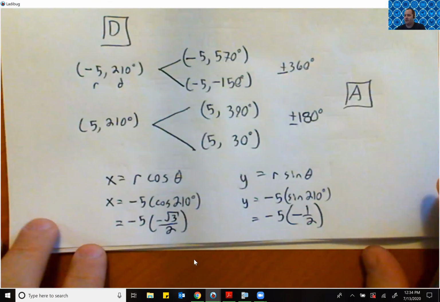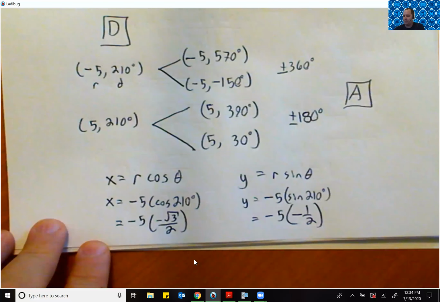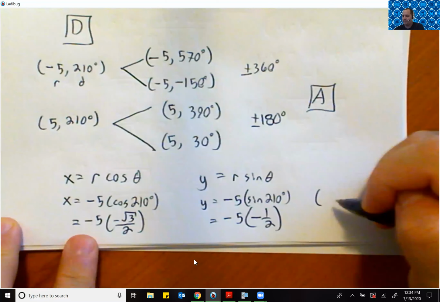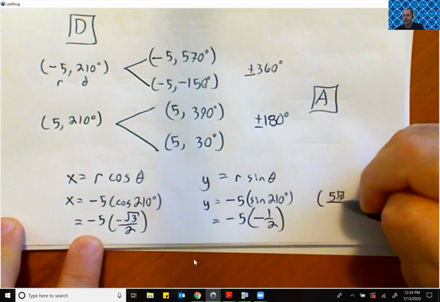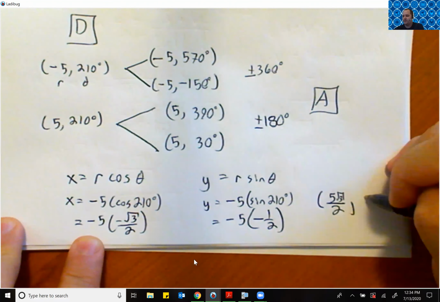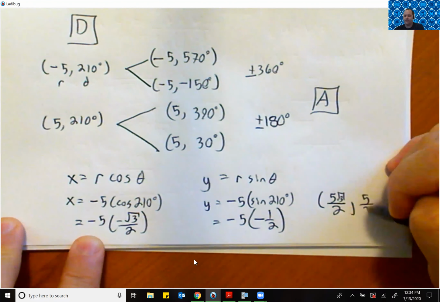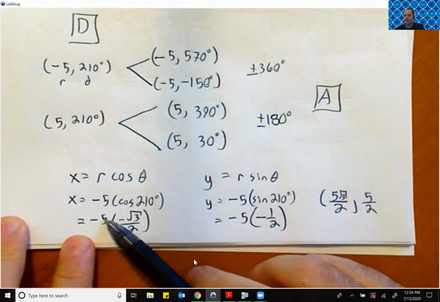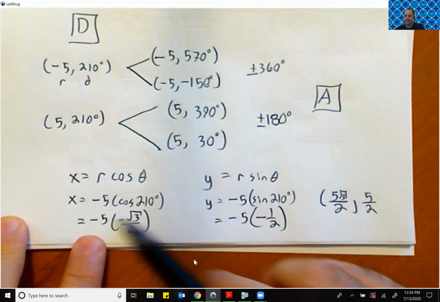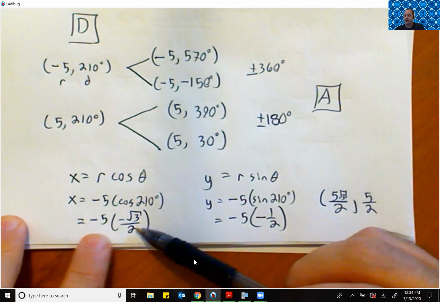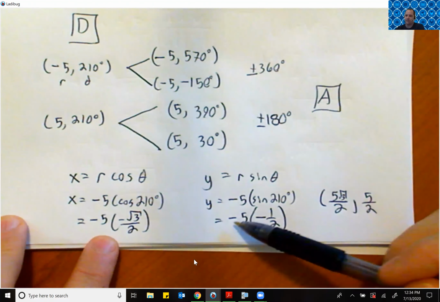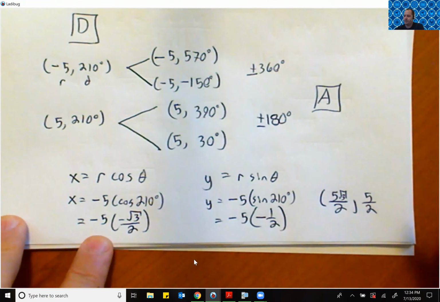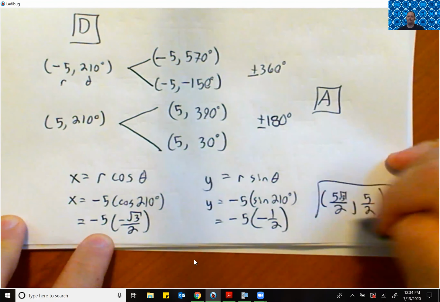So in the end, we get the rectangular coordinate of 5 square roots of 3 over 2, comma, 5 over 2. Because a negative times a negative is a positive. The 5 will just multiply the square root of 3 and stay all over 2, and the 5 will just multiply the 1 and stay on top of the 2. And there's your rectangular coordinate.